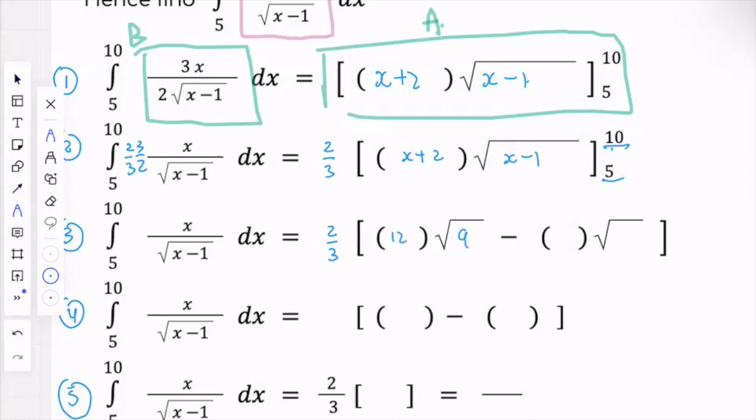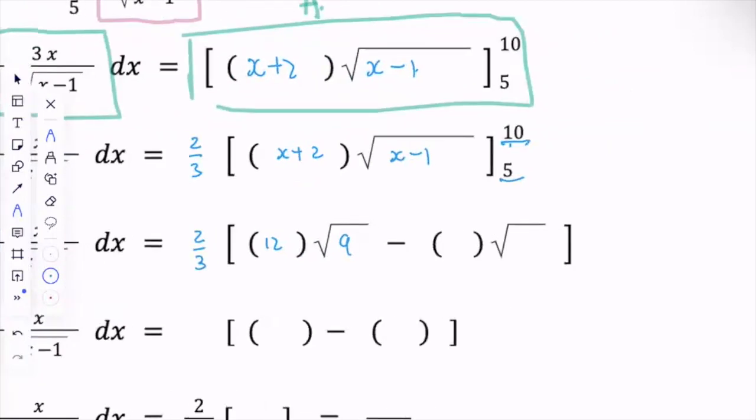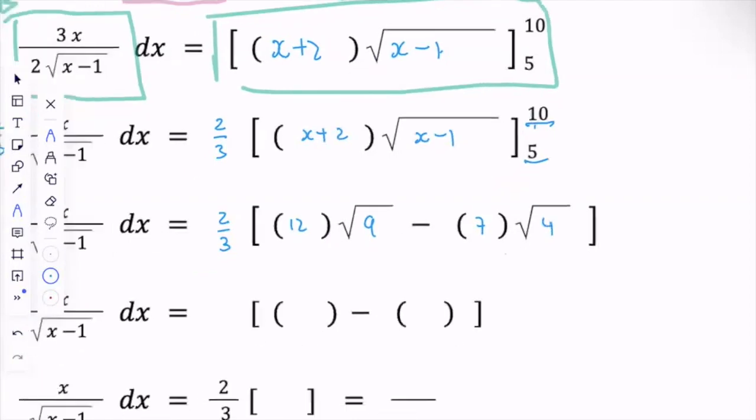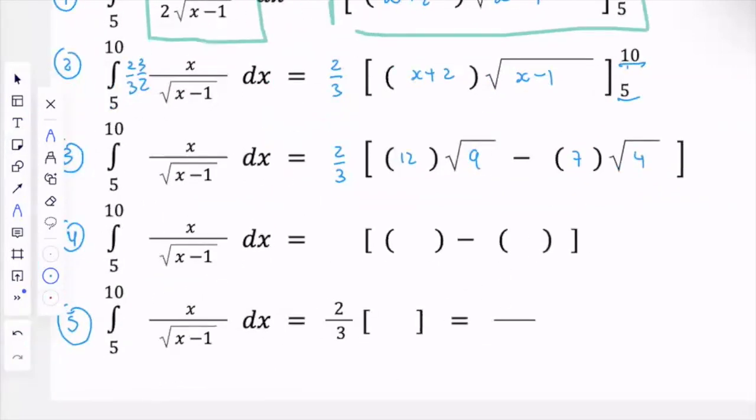So 12 times root 9. 5 plus 2 is 7. 5 minus 1 is 4. 12 root 9 is 3, so 12 times 3 is 36. We put it here, and don't forget to put the 2/3 here. Root 4 is 2. 7 times 2 is 14.